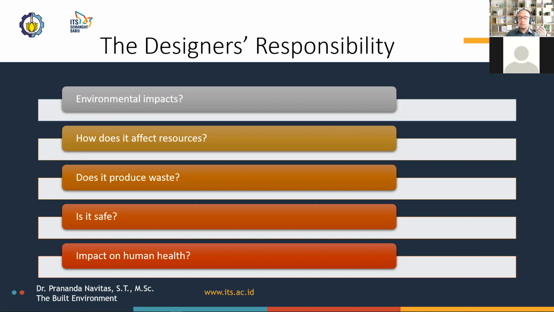The designer responsibility, or the planner's responsibility, whichever way you would like to call it, consists of five questions that we should ask ourselves before we begin to manipulate the built environment, before we even begin to put thought onto paper, or before we even decide to accept any kind of work that is commissioned to us.